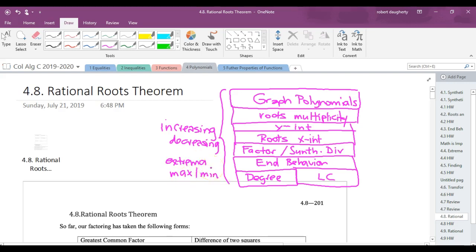And then we talked about how to tell when a function, the intervals where f of x is greater than 0, f of x is less than 0. Okay, so there's a lot of stuff in this unit, and it's pulling from a lot of stuff we did. So factoring, we did that back in August. Intervals where it's greater than less than 0, we did that back in August, September. So a lot of stuff has been pulling together.